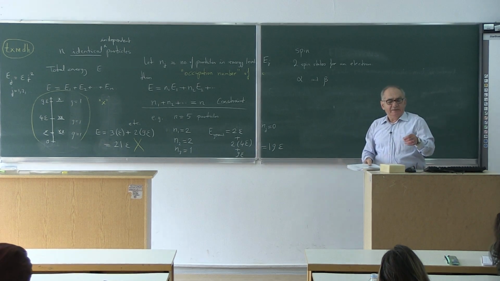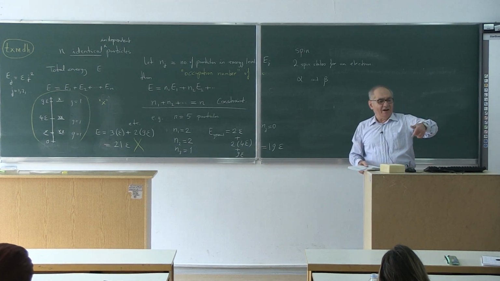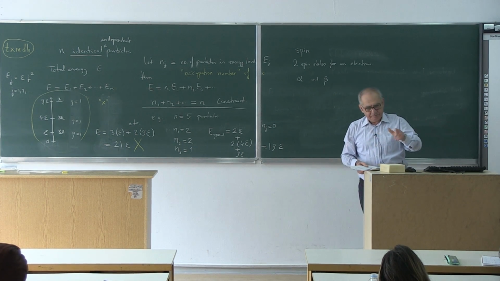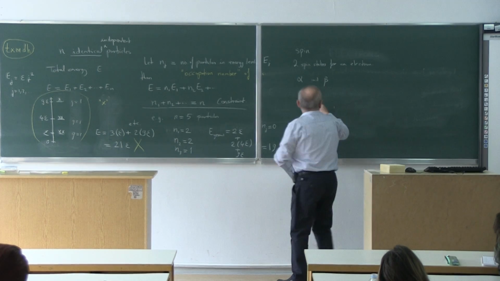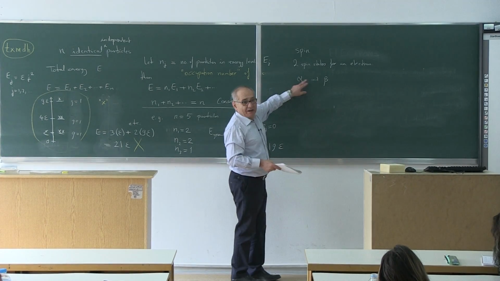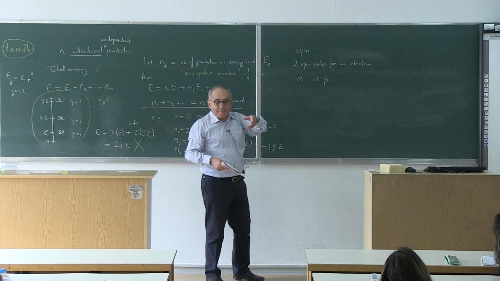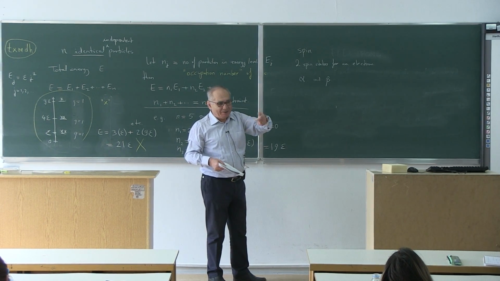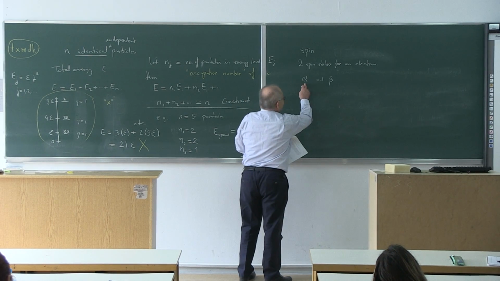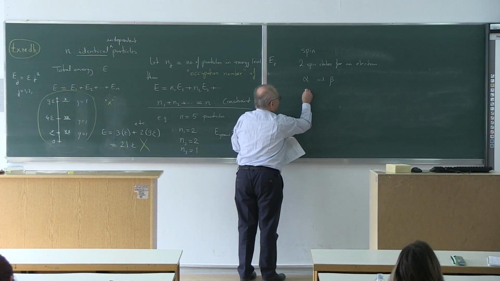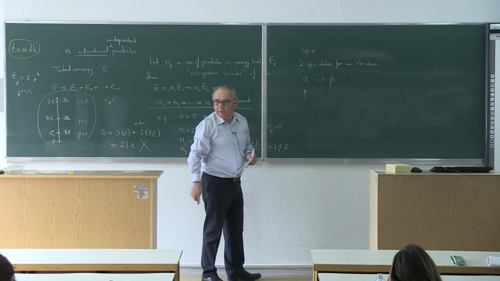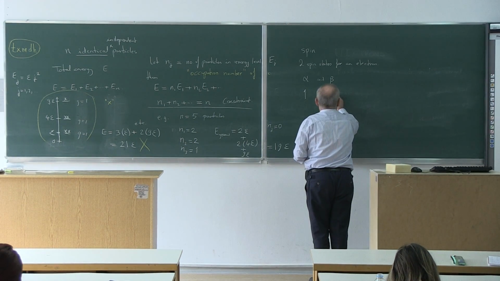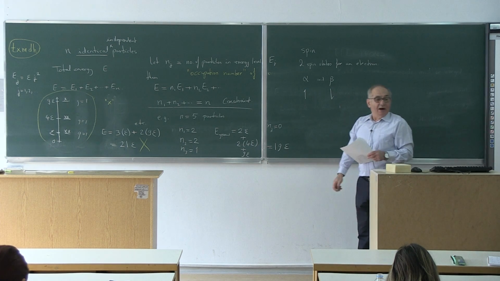So we say the electron has an alpha spin or it has a beta spin. These are using letters. We also use graphics to indicate the spin state. The alpha spin is indicated by an up arrow, and the beta spin is indicated by a down arrow.